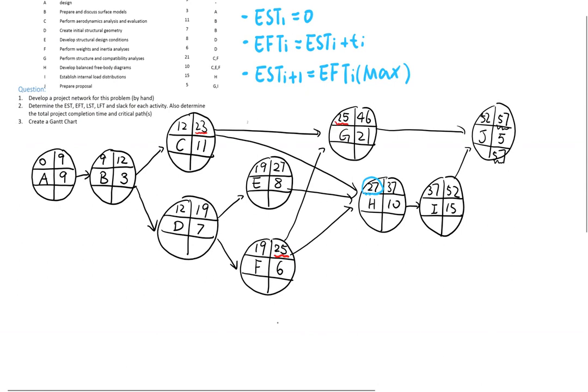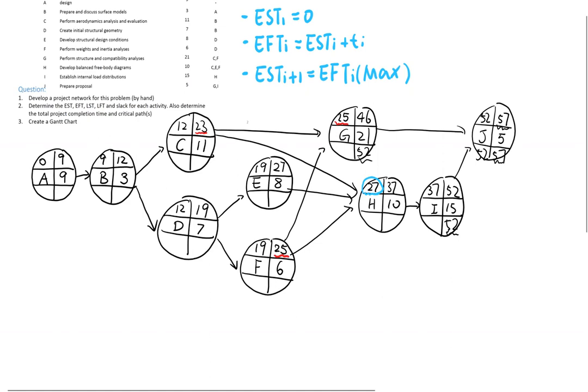Then we do the subtraction. Latest start time is latest finish time minus the duration, 57 minus 5 is 52. And then we copy the 52 to the latest finish time of its predecessor. 52 goes in here, and 52 goes in here.